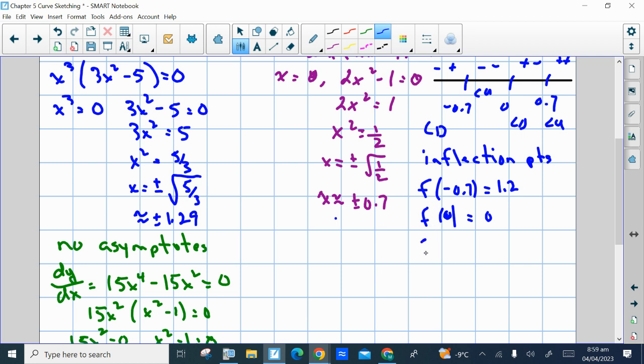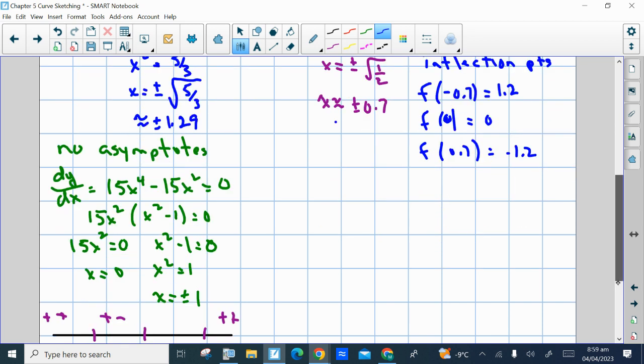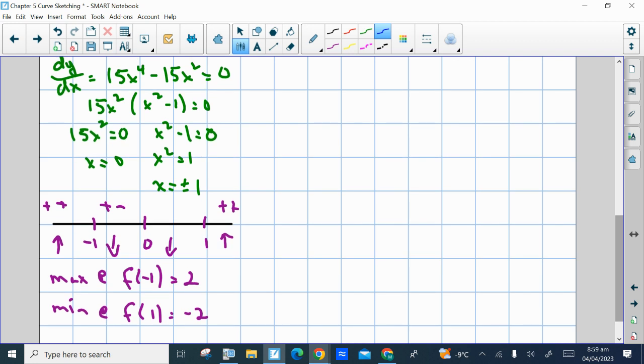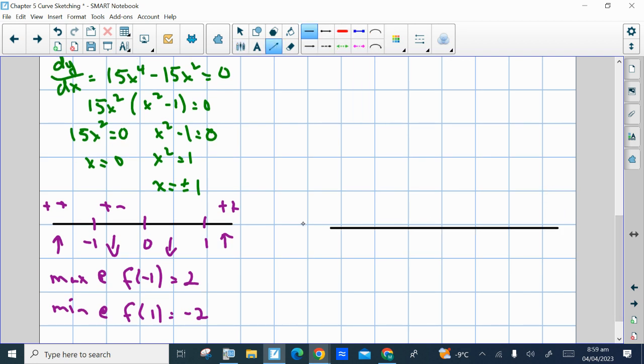And then the last one was at f at positive 0.7, which is negative 1.2. So that gives us all the information we need to sketch our graph.